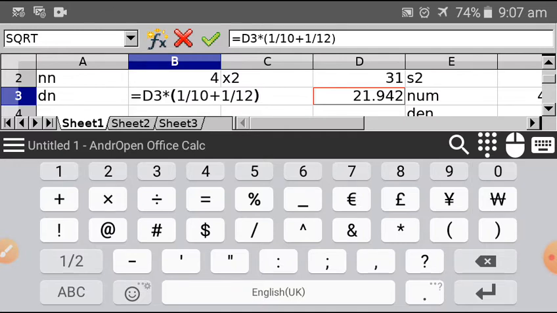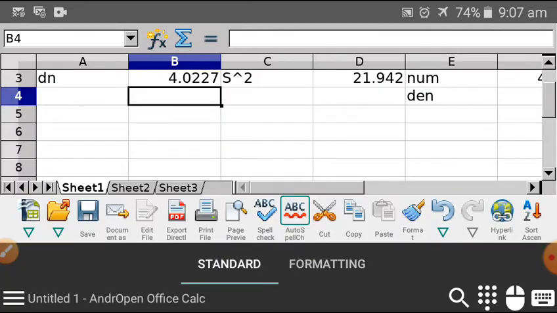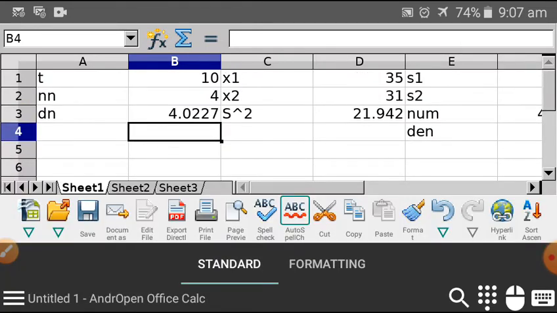Now bracket close, and if I press enter, this is my denominator part, correct. So after denominator and numerator, we have the numerator coming as 4, the denominator coming as 4.0227. And you remember in the denominator we have not used square root till now.